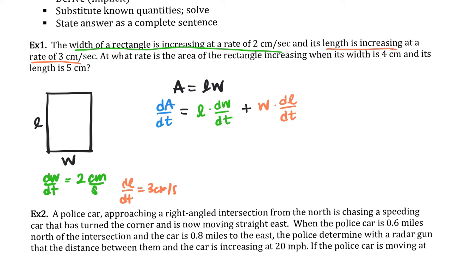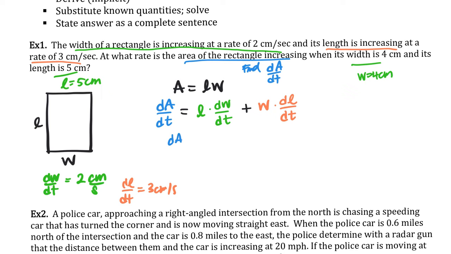Okay, at what rate is the area of the rectangle increasing? So they want me to find dA/dt at the exact moment when W is 4 and length is 5. Okay, so these are all the values I'm going to substitute in. I want to find dA/dt, so that's the unknown quantity.